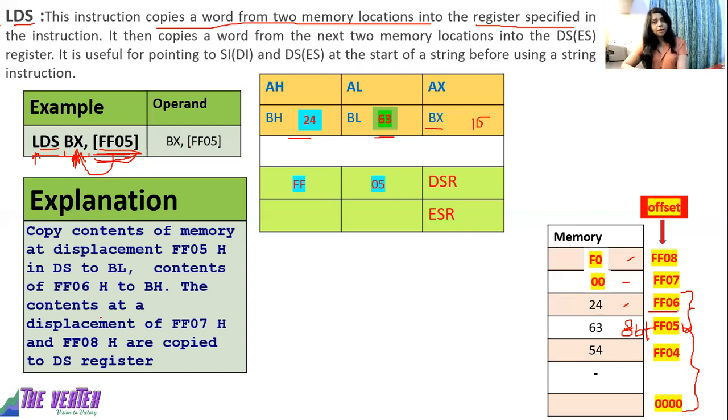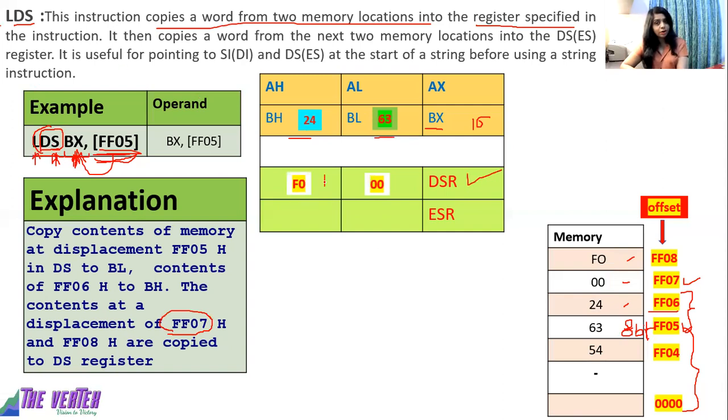What next? Now the contents of FF07, that means the next memory location, will be transferred into DS register, because actually we want to load the DS register, the data segment register. Where is DS register? This is data segment register. Actually we want to load this register, and hence it will be loaded with 00, and then FF08, again 8 bits on the higher side.